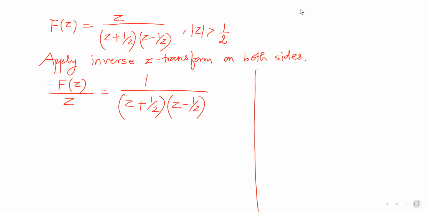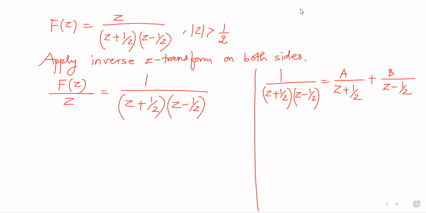For partial fractions, I have to take 1 upon (z plus half) into (z minus half), which is A upon (z plus half) plus B upon (z minus half). To solve this, it is 1 equals A times (z minus half) plus B times (z plus half).